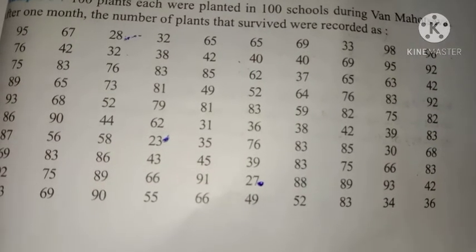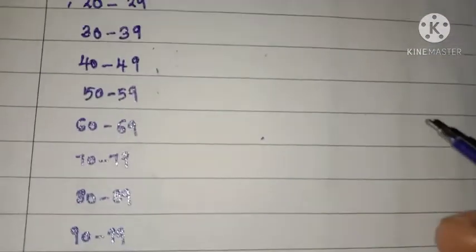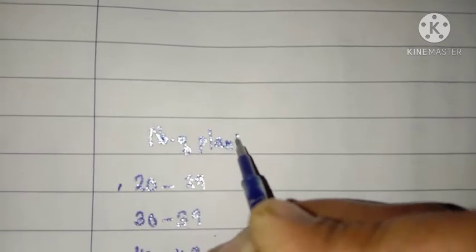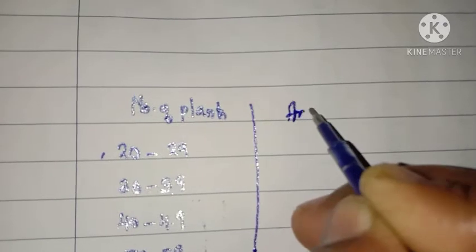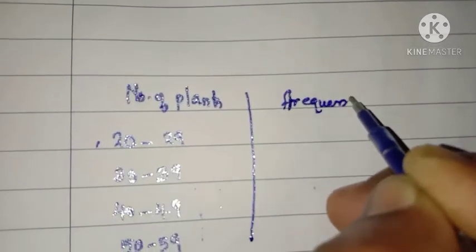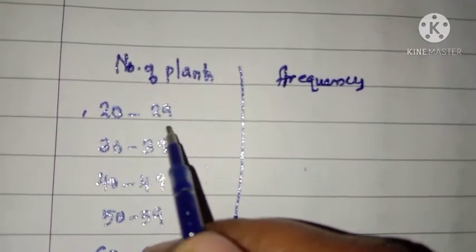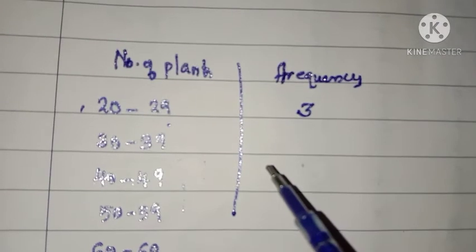These three numbers lie between the first class interval 20 to 29. So the first column stands for number of plants, then the second column is frequency. So in 20 to 29, 3 plants survived.